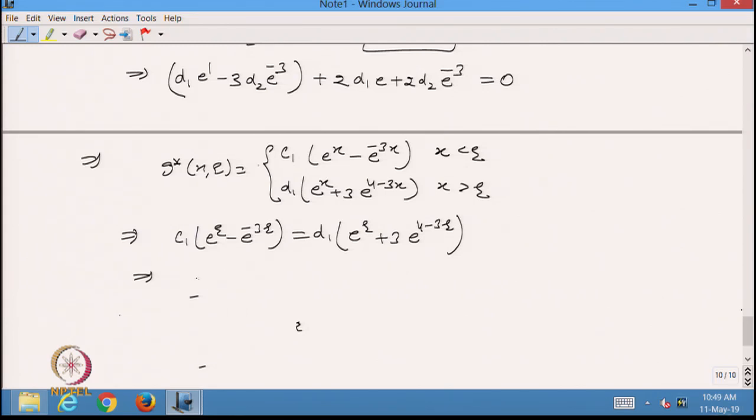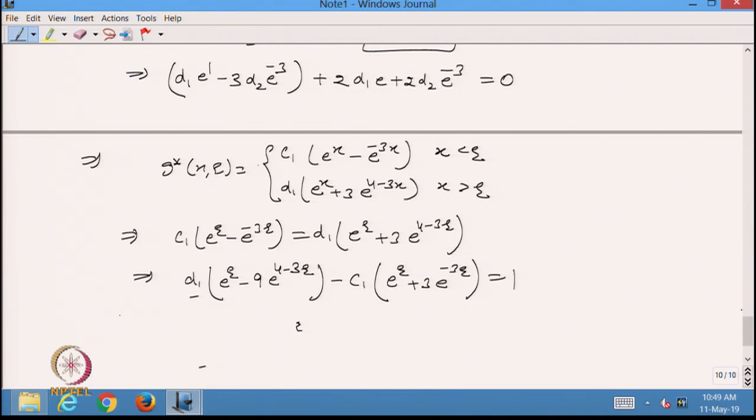So, from here, if I write down the derivative, it will be d1 e xi minus 9 e to power 4 minus 3 xi, minus C1 e xi plus 3 e minus 3 xi, and that value is equal to 1.